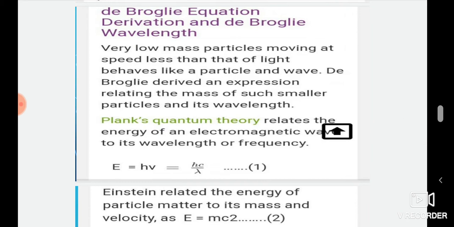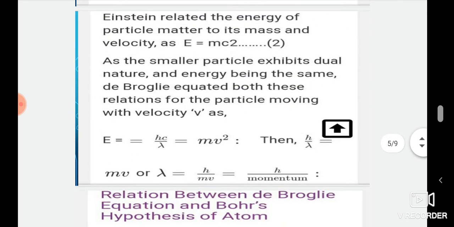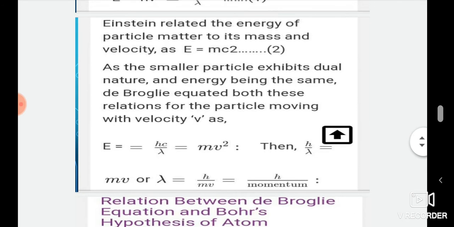This equation is according to Planck's quantum theory. We also note that Einstein related the energy of the particle to its mass and velocity, and this equation is E equals mc square, where m is the mass and c is the velocity.